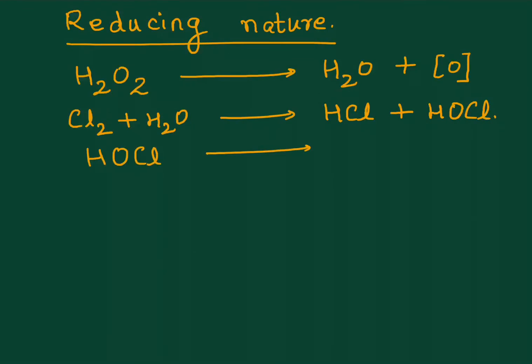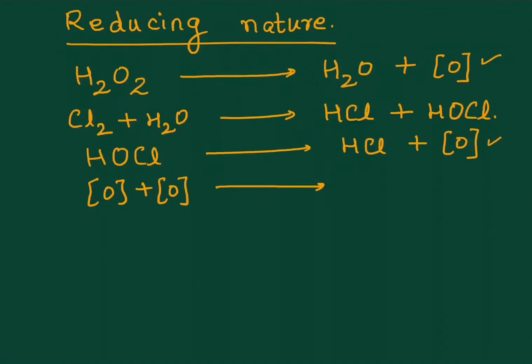Hypochlorous acid we know is unstable. So HCl plus nascent oxygen. Now if you notice, hydrogen peroxide is also losing oxygen. HOCl is also losing oxygen. So what is there? Okay, birds of the same feather flock together. The two nascent oxygen come together and join to form O2.